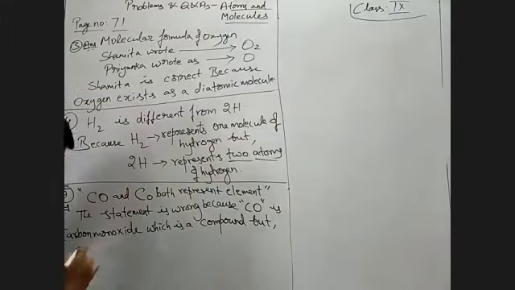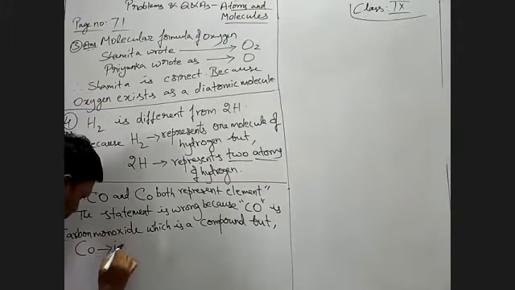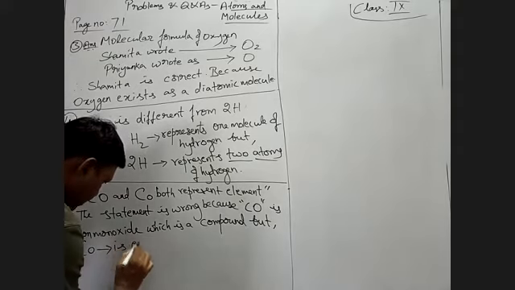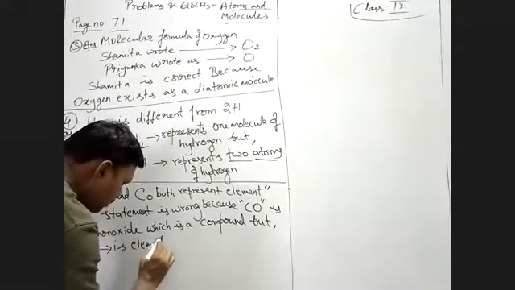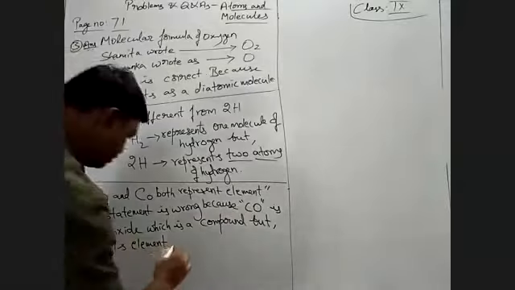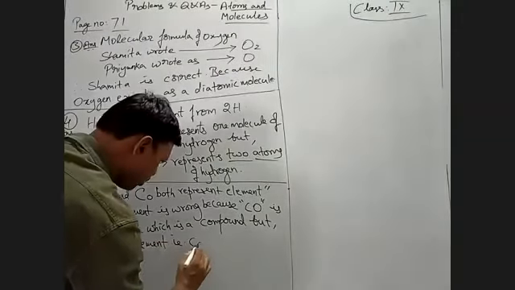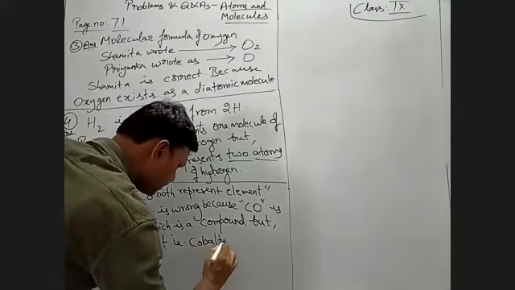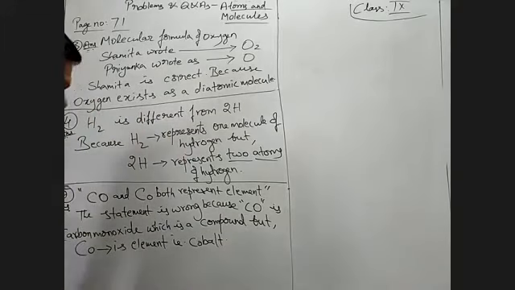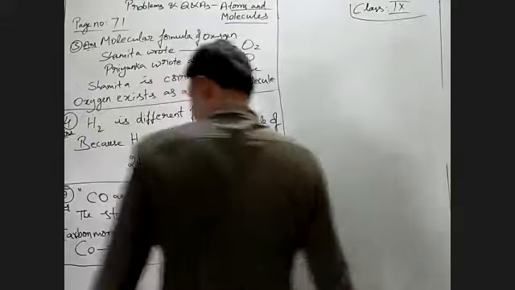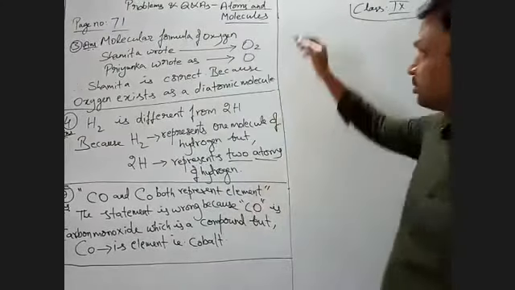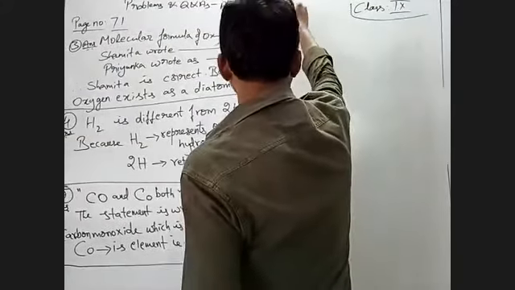But Co is an element, that is cobalt. That's all. Very simple, so simple. So this much if you write, your answer is completed, students. That's all. So then let us go to sixth one.